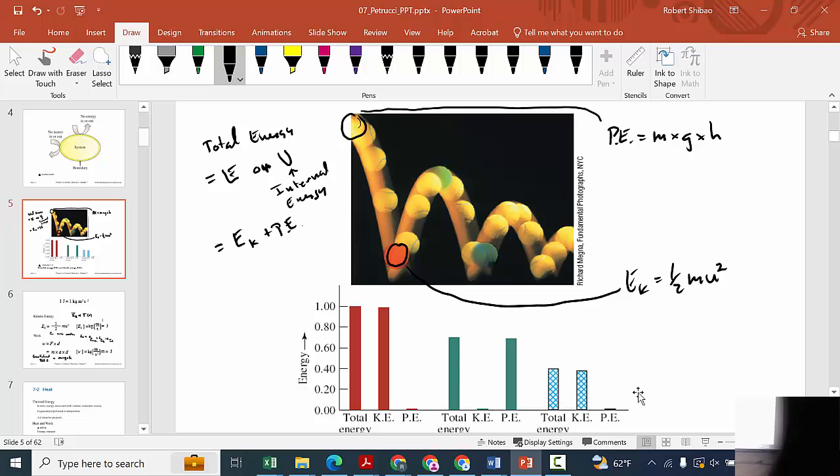G is the gravitational constant, which was what, 9.8 meters per second squared. Most people just have it to 2 sig figs.